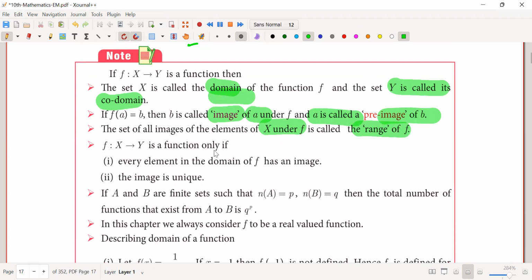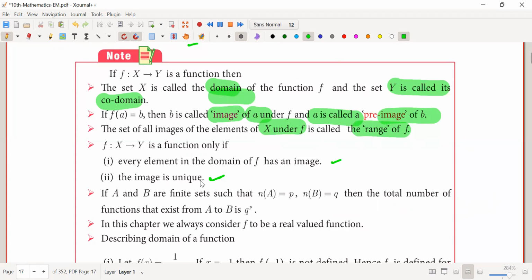F from X to Y is a function only if every element of the domain of f has an image. We already know that every element of X should have an image, and the image is unique for each one.